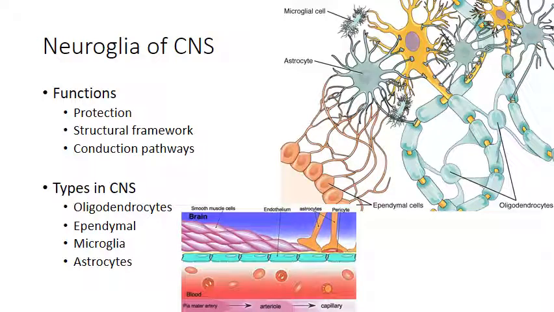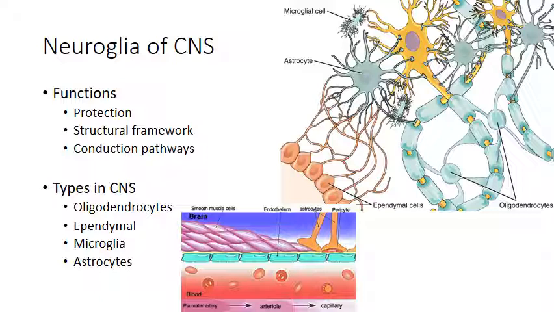Remember that in the nervous system, we have trillions of neurons. That's a lot of cells. However, those neurons are actually going to be outnumbered by neuroglial cells, or these glial cells, which are our supportive cells. We have a total of 6 types of neuroglia. 4 of them occur in the central nervous system and 2 of them occur in the peripheral nervous system.